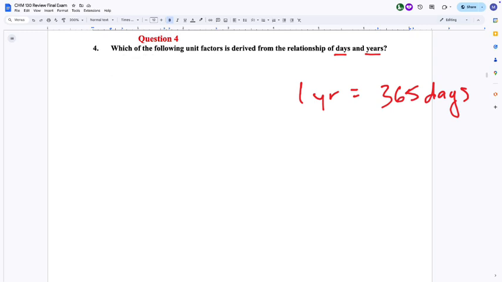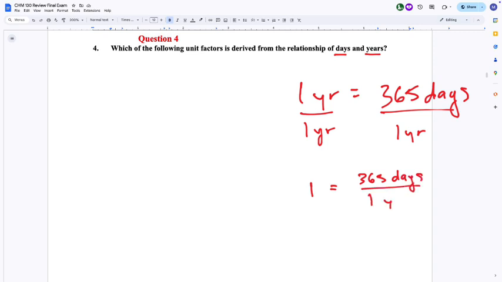So once you've written that down, and again, I would argue you should write it down, you could then quickly look at your answer choices and be like, I don't see any equals in it. Because what did we do? Converted it into a fraction. Okay? So let's convert it into a fraction. Let's divide both sides by 1 year. What is 1 year divided by 1 year? 1. So 1 equals 365 days per 1 year.